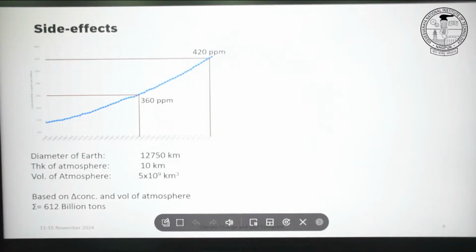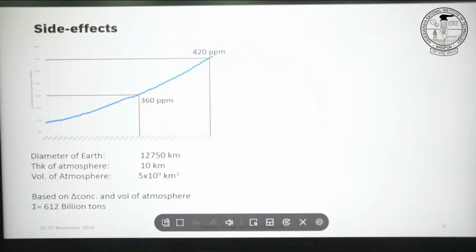Suddenly 3-4 years ago, I was doing some calculation and I found a mistake. I went on the internet, and I was shocked to see that the concentration is not 360, it's almost 420. You miss 15 years and suddenly see the concentration has gone up from 360 to 420. So thanks to the internet, I realized why the calculations were not correct.